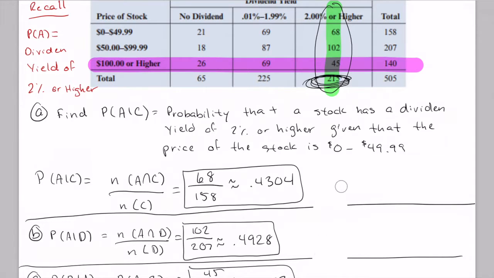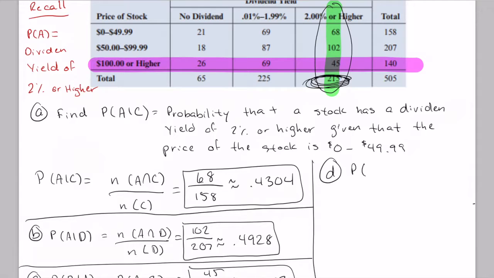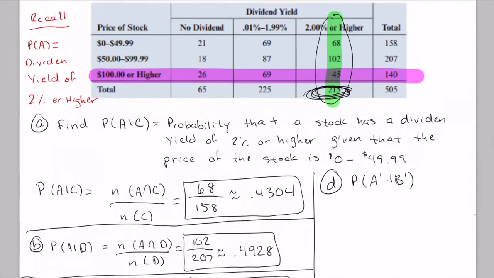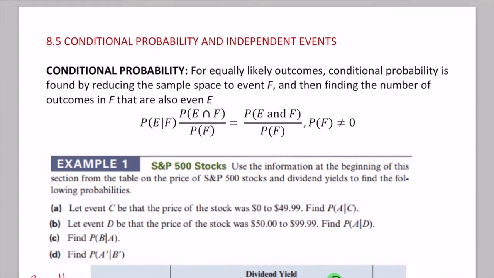And erase here. D is find complements. Okay?